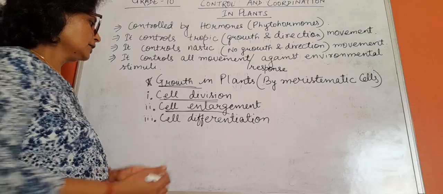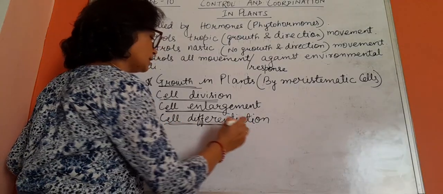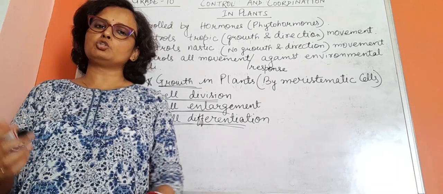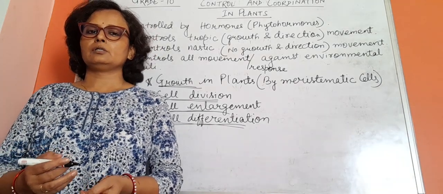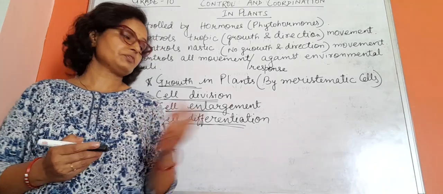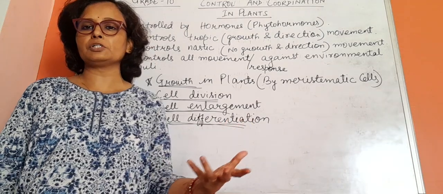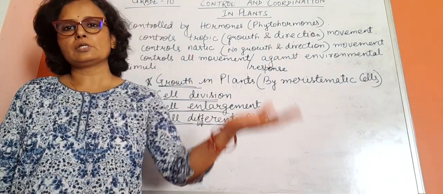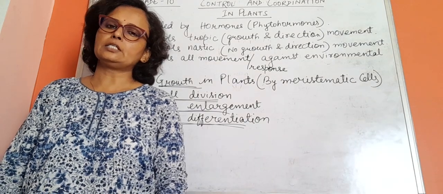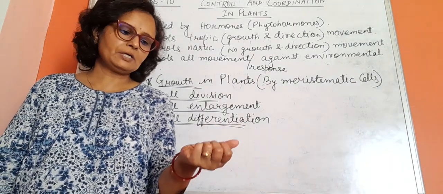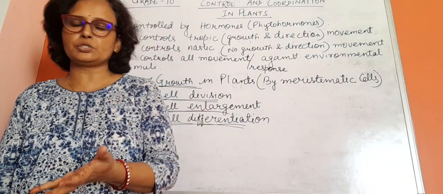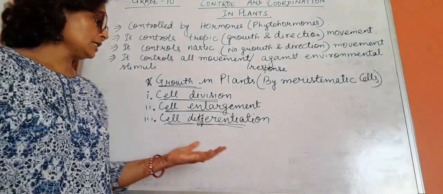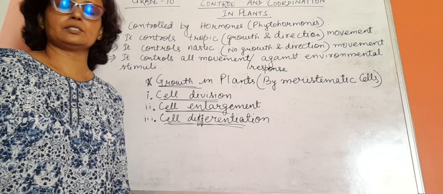Then cell differentiation: after enlargement, the cells change into different kinds of cells, and new types of tissues come into the plant body. The meristematic cells grow and form the permanent tissues. So that is cell differentiation.